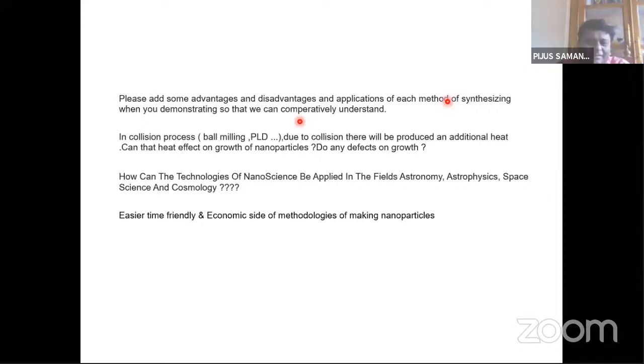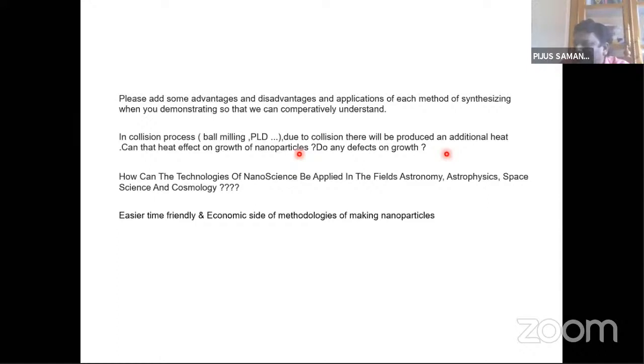The second question is, in collision processes like ball milling, PLD, etc., due to collision, there will be additional heat production. And obviously, this heat affects the growth of the material. Suppose you consider ball milling: during the collision, the particles are broken and broken, so a large number of defects and dislocations are created.